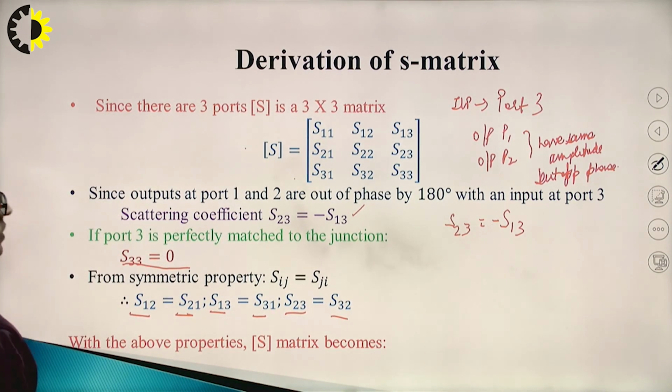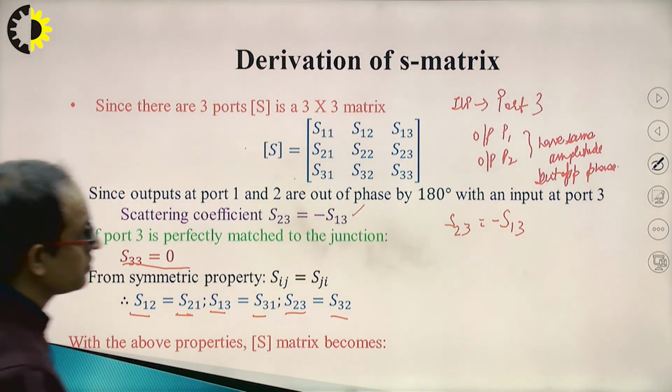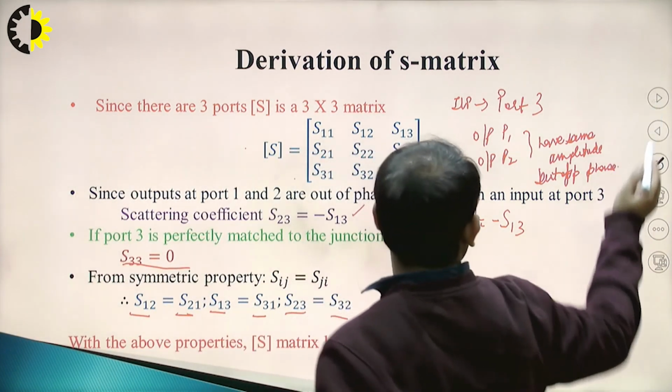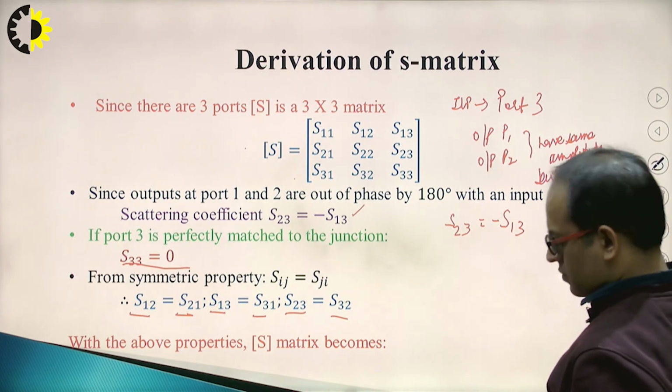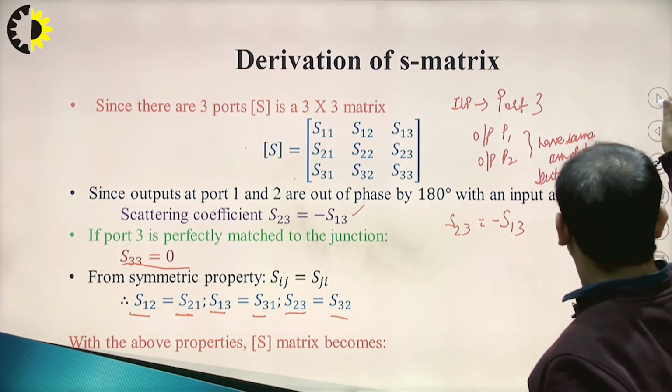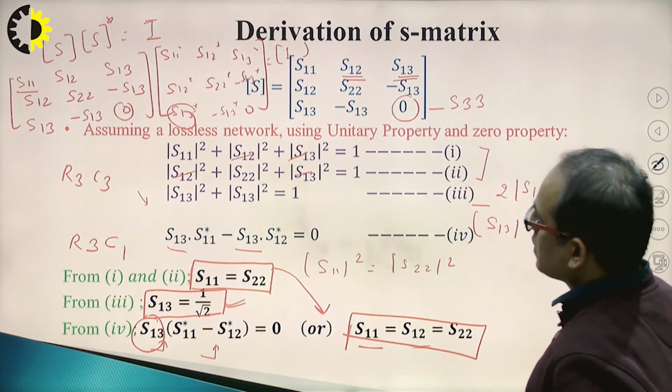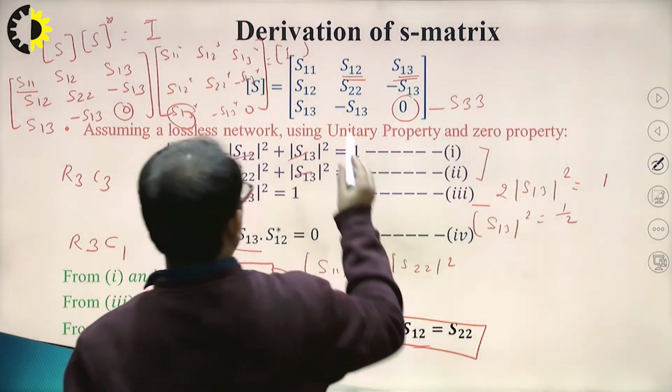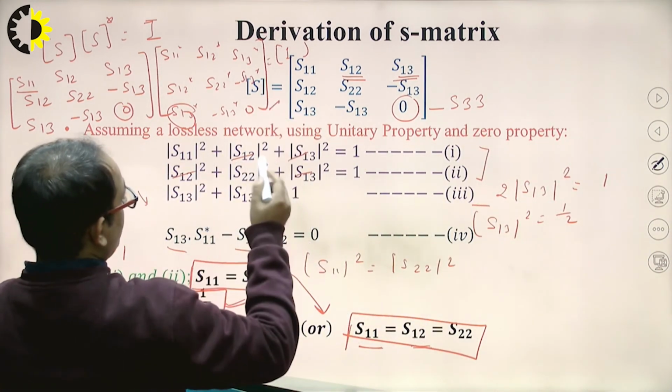Therefore the matrix will become this one. Clear?